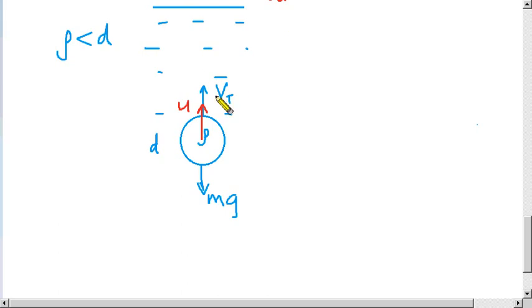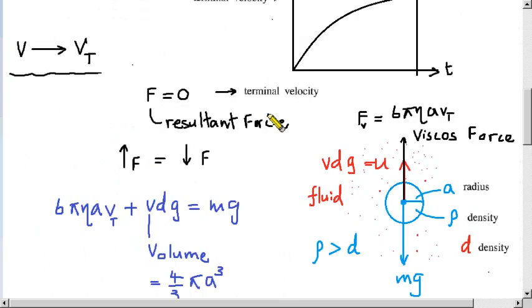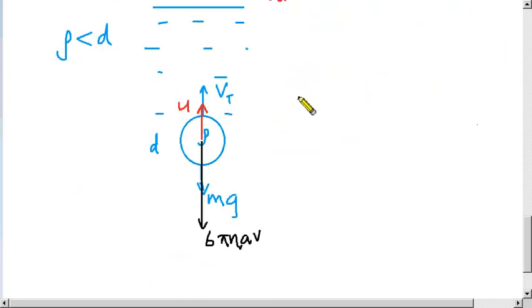When it is moving upwards, the friction acts downwards like this. The friction means the viscous force, 6 π η a v term, towards downwards. So here there is a difference, you have to identify that. This one downwards, this one downwards, like this. So the equation should be written at the terminal velocity.